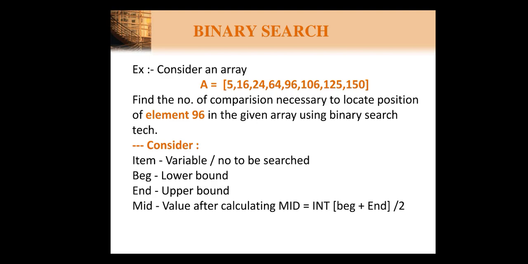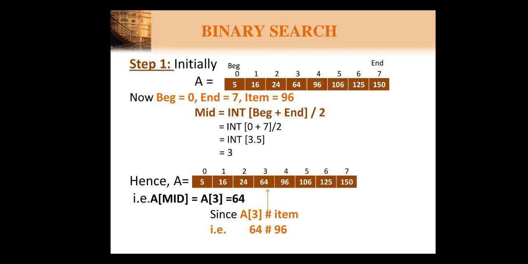We have to find at which position the number 96 is present in our array. Atom is nothing but the element which you want to search. Beginning is the lower bound of your array. End is the upper bound of your array, and mid is the value which we calculate using the formula (beginning plus end) divided by 2.